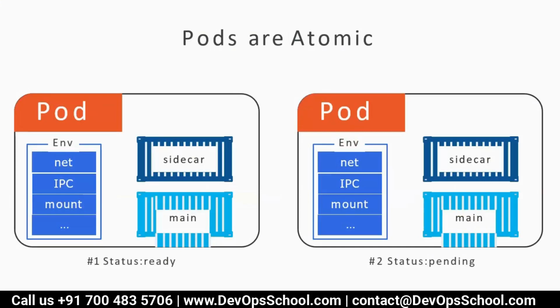In short, I will tell you in a simple way. A pod is basically a kind of wrapper which holds the different containers with shared network, mount, and access. So if you have multiple containers, they'll be sharing the network, IPC, and mount.